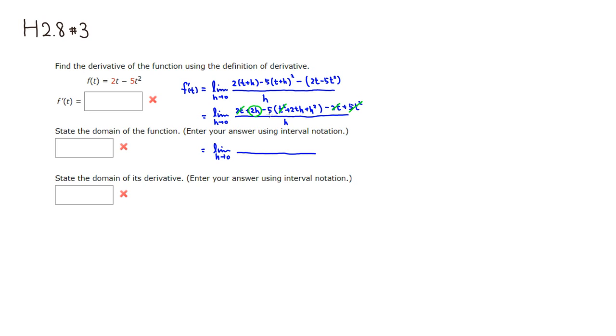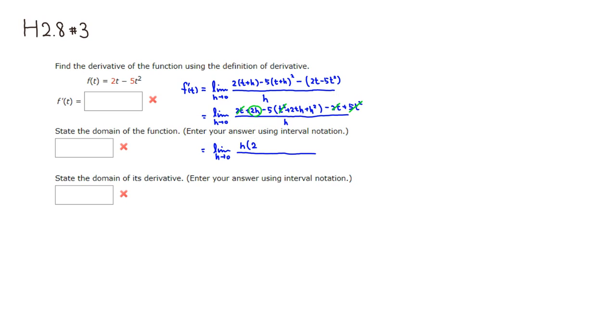so you have a 2h here, and a negative 10th, and then a negative 5h squared. So what I'm going to do is factor out h. If you factor h out, you're going to have 2 left here.